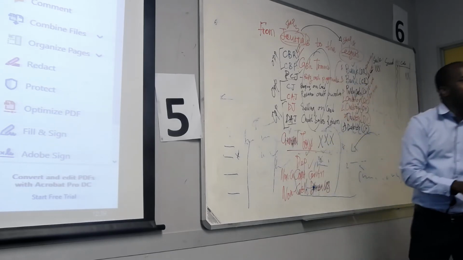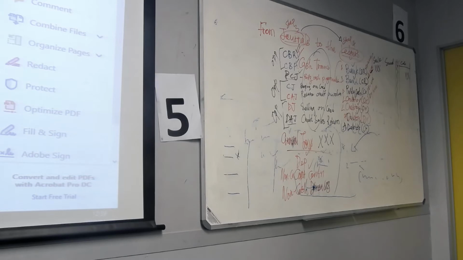Our credit losses. When we were looking at the source documents, where are the source documents? They give us pictures of source documents.